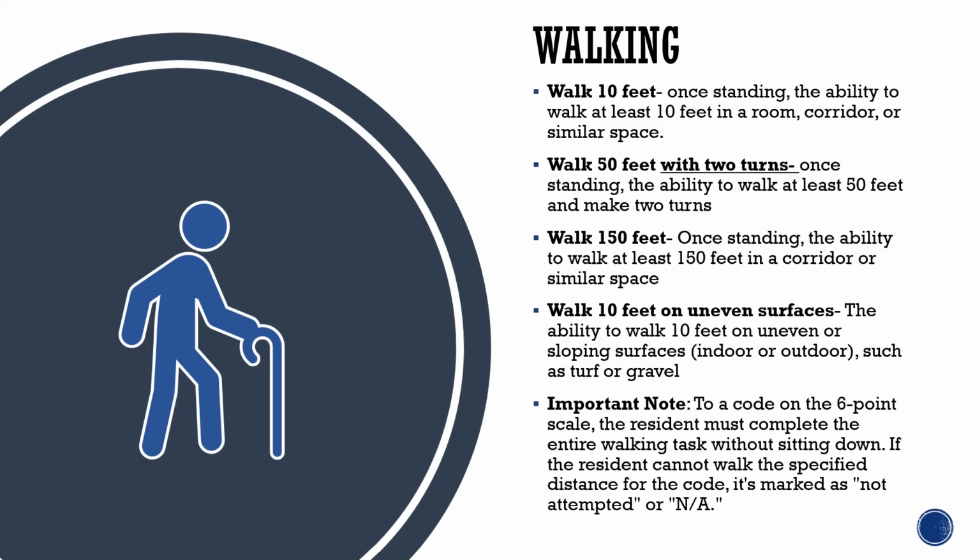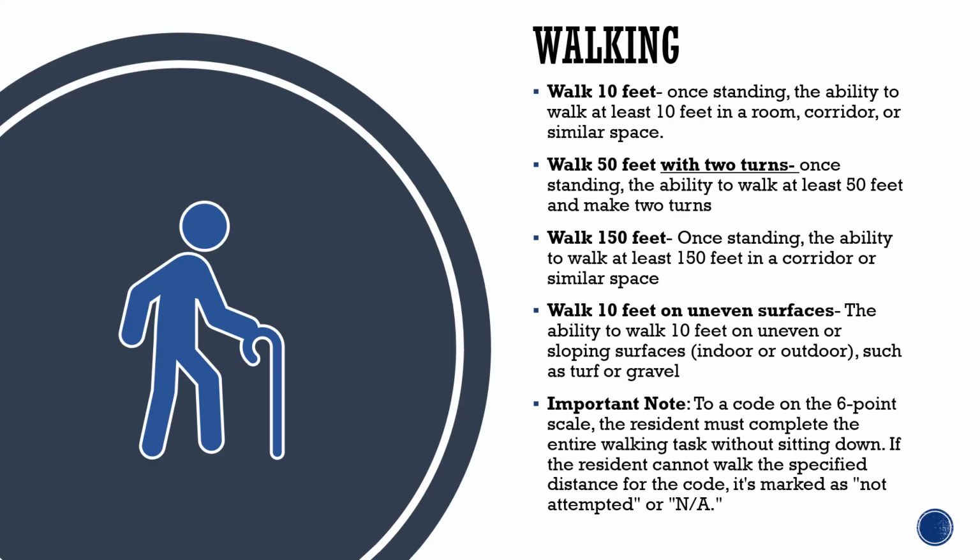If a facility's layout doesn't allow the resident to walk 150 feet without making turns, and the resident can't safely manage 150 feet, then you should code not attempted due to environmental limitations. Walk 10 feet on uneven surfaces. This is walking 10 feet on an uneven or sloping surface.